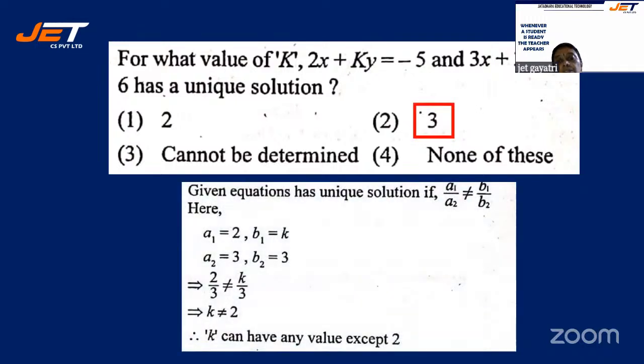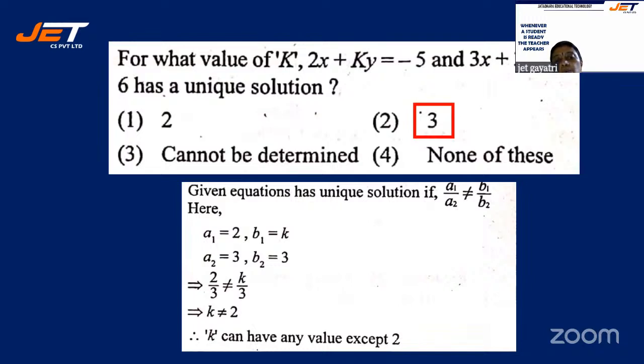How? So you can find out with this. The given equations have a unique solution if a1 by a2 is not equal to b1 by b2. That's the condition that we saw in the earlier sum, isn't it? So what is a1 here? 2. b1 is k, because it is the coefficient of y. a2 is 3. b2 is 3.